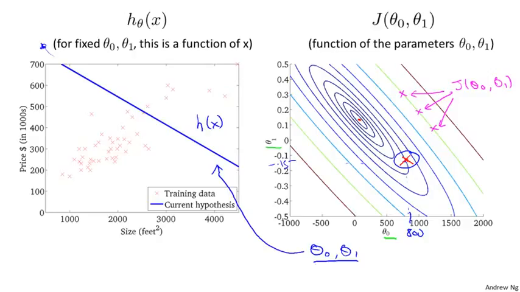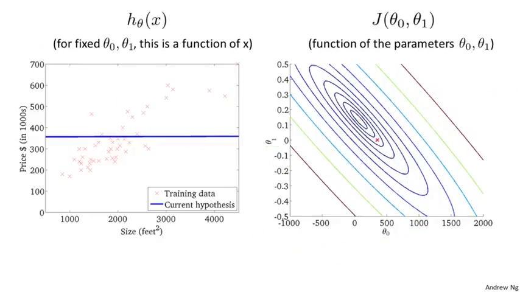Let's look at some more examples. Now here's a different hypothesis that's still not a great fit to the data, but maybe slightly better. So here, that's my point, those are my parameters theta 0, theta 1. My theta 0 value is about 360, and my value for theta 1 is equal to 0.